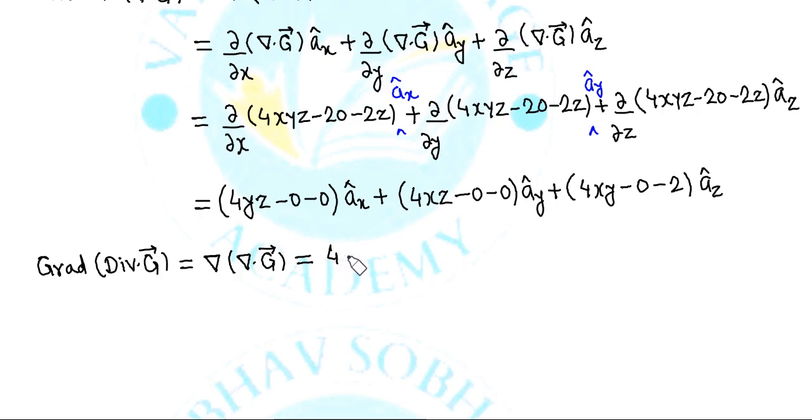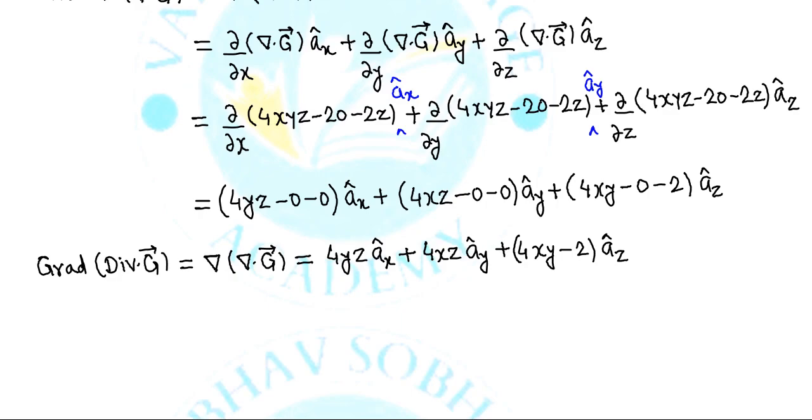We have the gradient of the divergence of the given vector g to be 4yz ax cap plus 4xz ay cap plus (4xy minus 2) az cap.